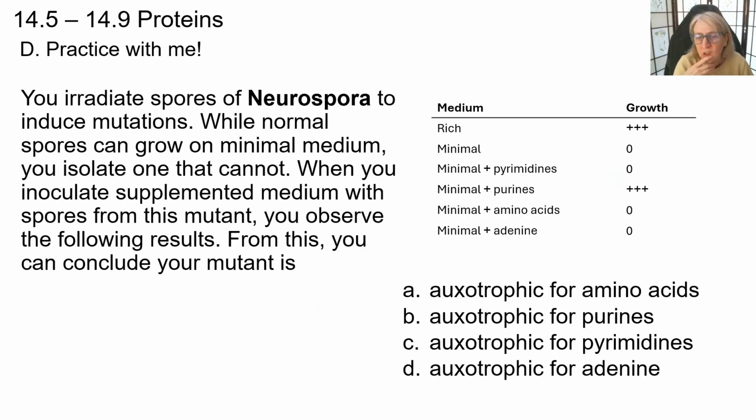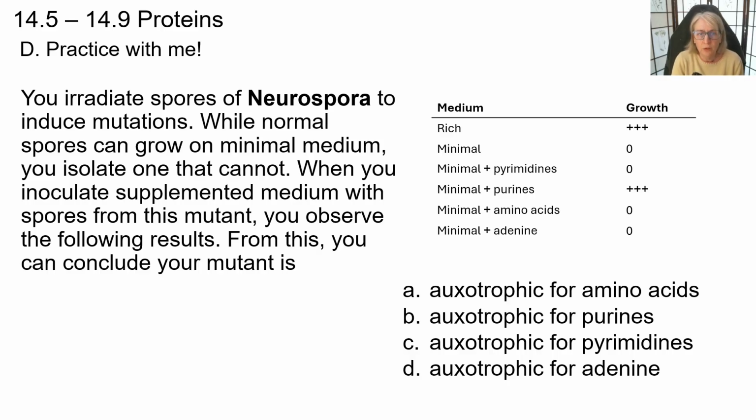And finally, a little bit of practice with me. You probably are going to have to pause me. You're trying to recreate Beadle and Tatum's experiment here. You have your spores of Neurospora, the pink mold. You want to induce some mutations.